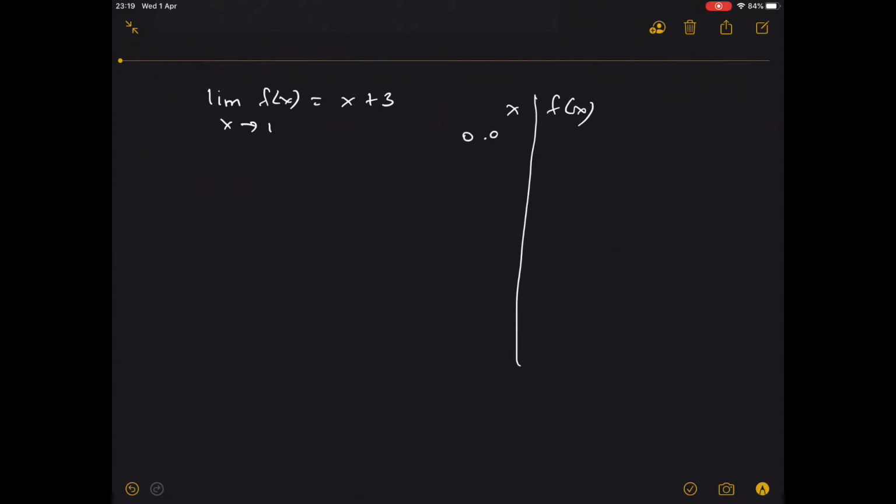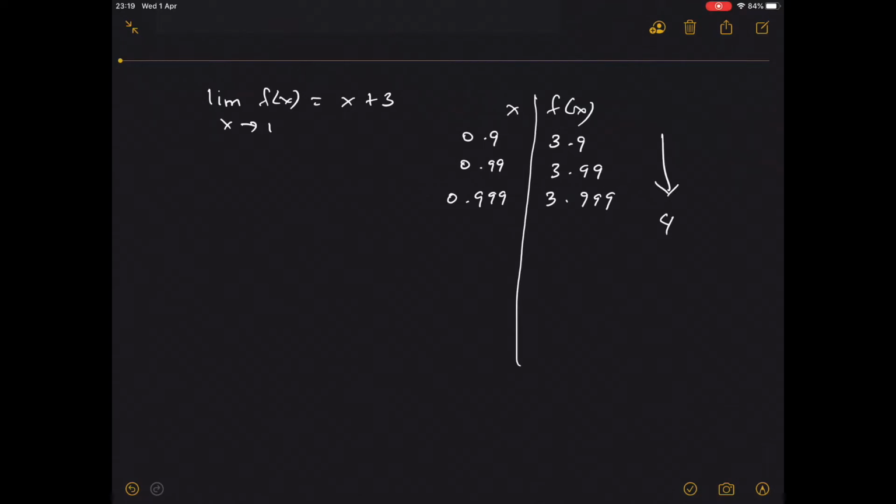If we have 0.9, our f(x) will be 3.9, because if we have 0.99, you will have 3.99. If you have 0.999, you will have 3.999. So as you can see, this one approaches 4 when your x is getting closer to 1.